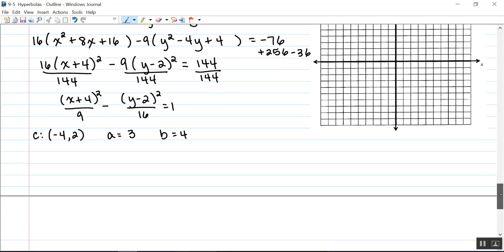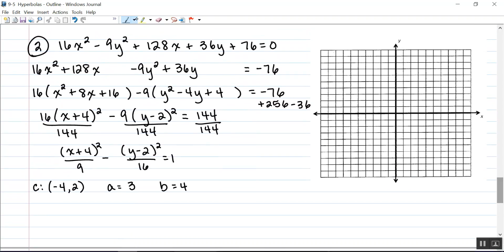So let's use that information to go ahead and graph this. My center is at (-4, 2). For a, I'm going to go 3 units to the right, 3 units to the left. b is up and down, so up 4 from the center, down 4 from the center, and now I can draw my rectangle.